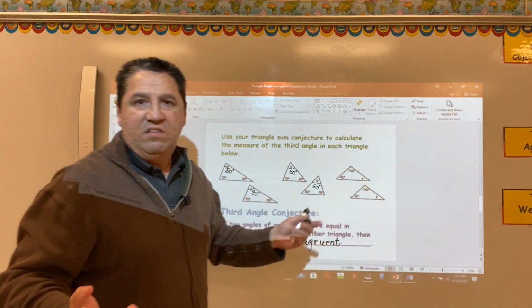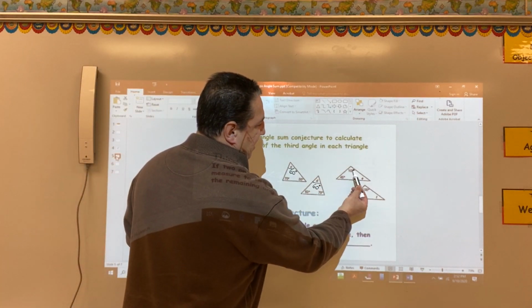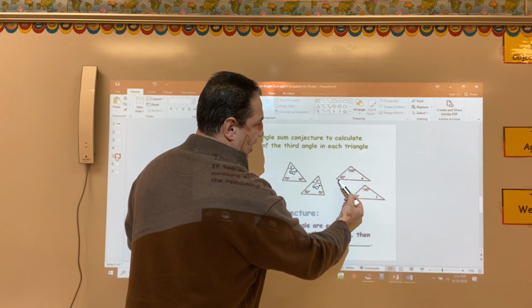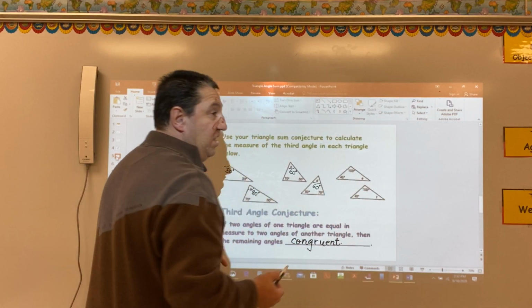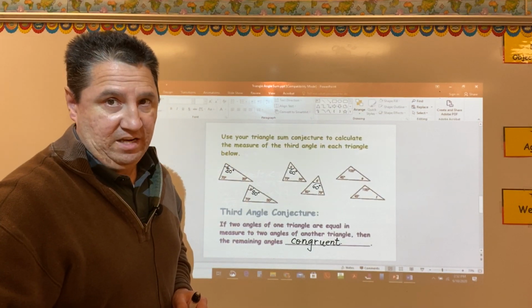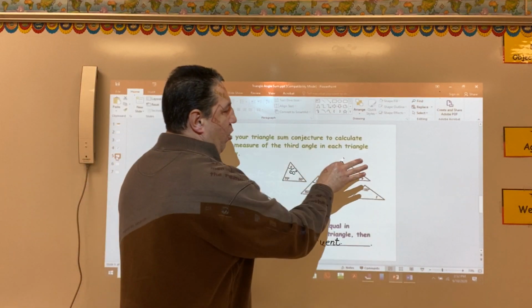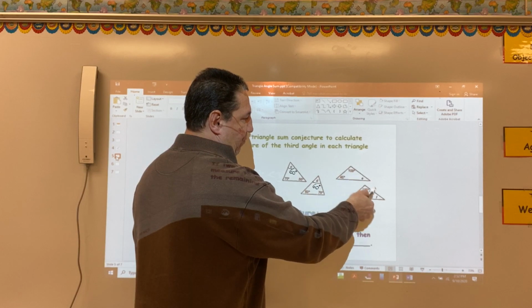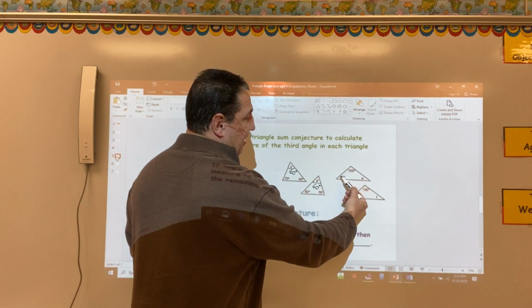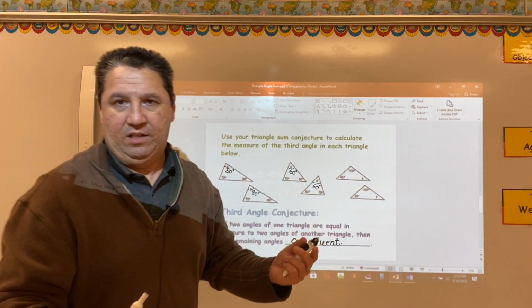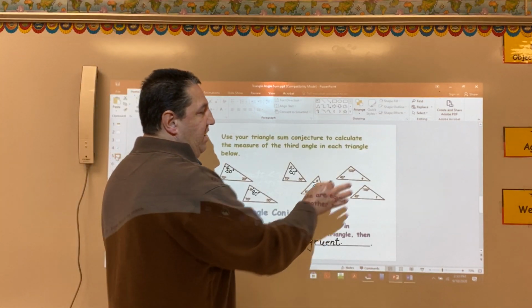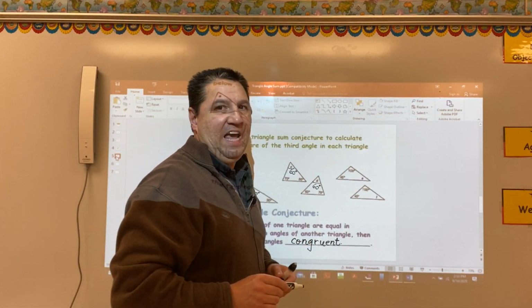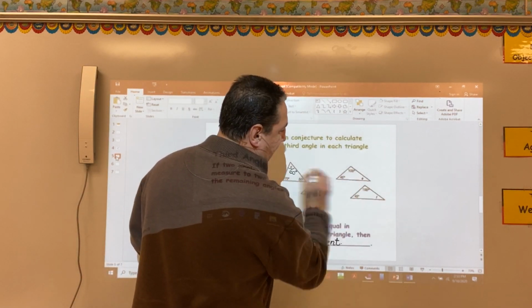The third case is the same. This time these two angles are given, and these two angles are equal to the other two angles in the second triangle, right? So how do we find the missing angles? We add the given angles. 100 plus 45 equals 145, and then we subtract from 180 to find this angle.